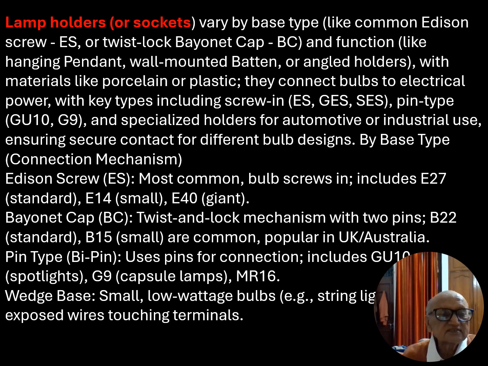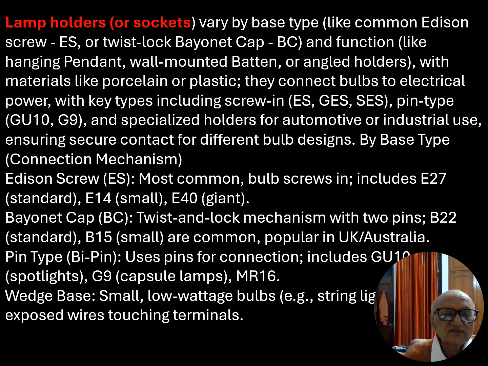To understand different type of lamp holders or sockets, we the people make a common mistake while purchasing a particular type of lamp, thinking that it will be easy for them to install at home. But the proper type of lamp holder must be there where you want to provide a particular lamp type.